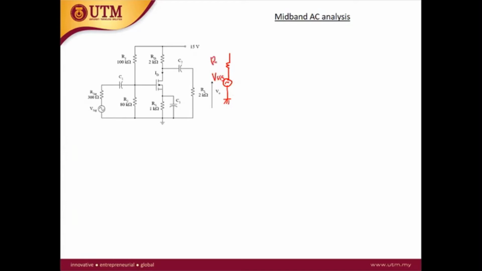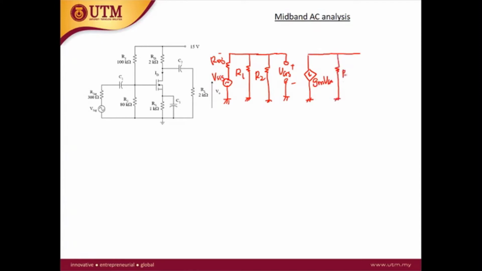V signal, and this is R signal. You have here your R1, R2, VGS, RD, RL.